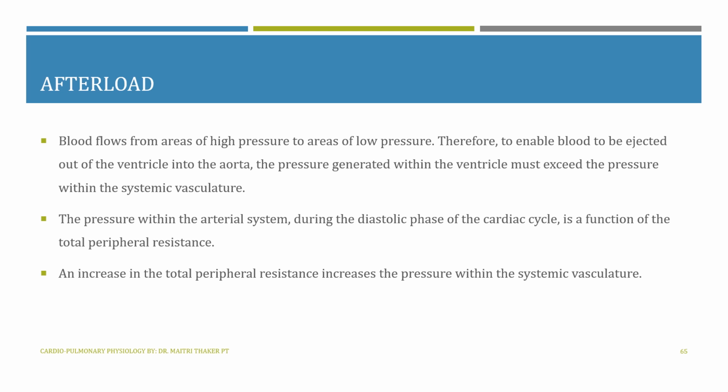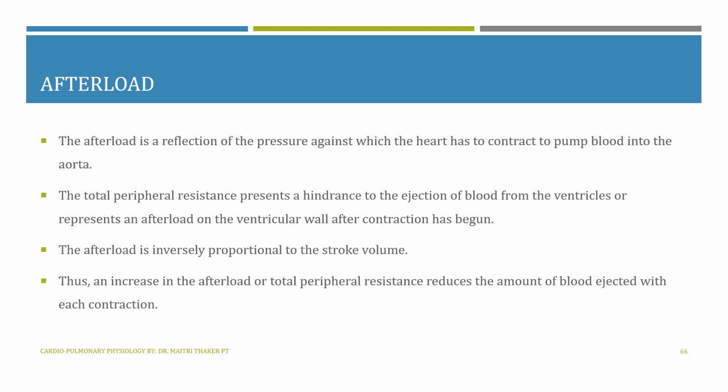Now, the pressure within the arterial system during the diastolic phase of the cardiac cycle is a function of total peripheral resistance. An increase in the total peripheral resistance will increase pressure within the systemic vasculature. The afterload is a reflection of the pressure against which the heart has to contract to pump the blood into the aorta.